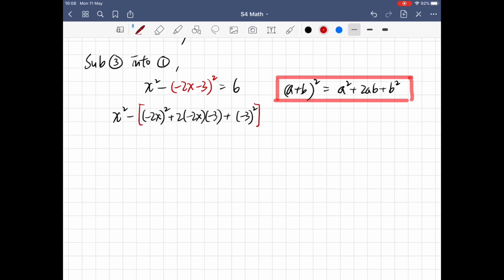Okay, so in this step, I just do the expansion, okay, without any other calculation, equals 6. Okay, then we have 4x squared plus 12x plus 9.